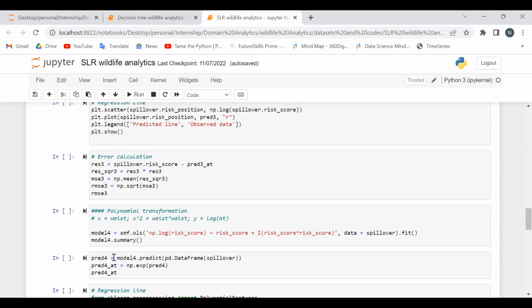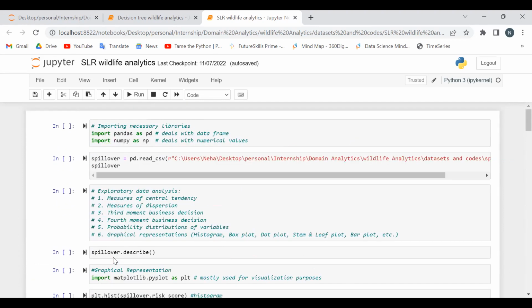So that is how you fit your simple linear regression model for any data which has a dependent and independent variable. This is your simple linear regression.